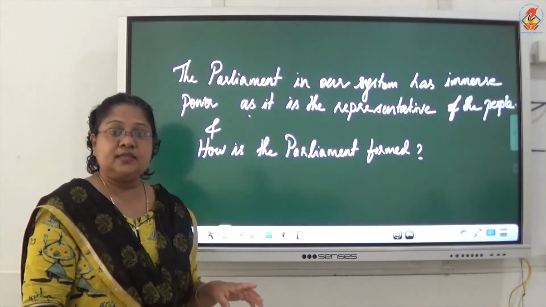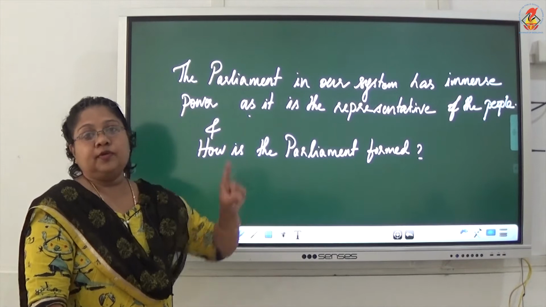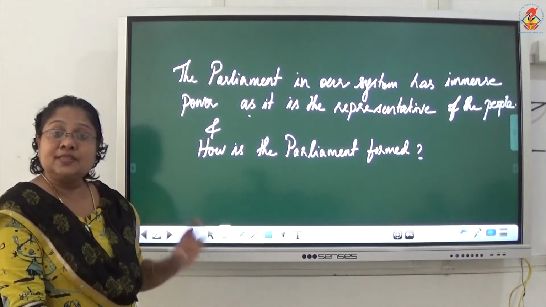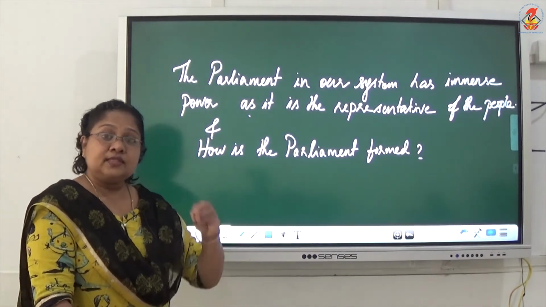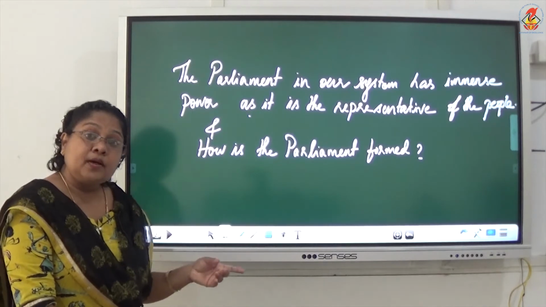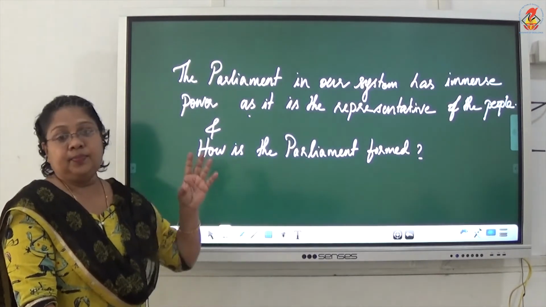543 constituencies and one representative will be selected to the central government, and those elected representatives, those who are selected to the center, are known as members of parliament or MPs.